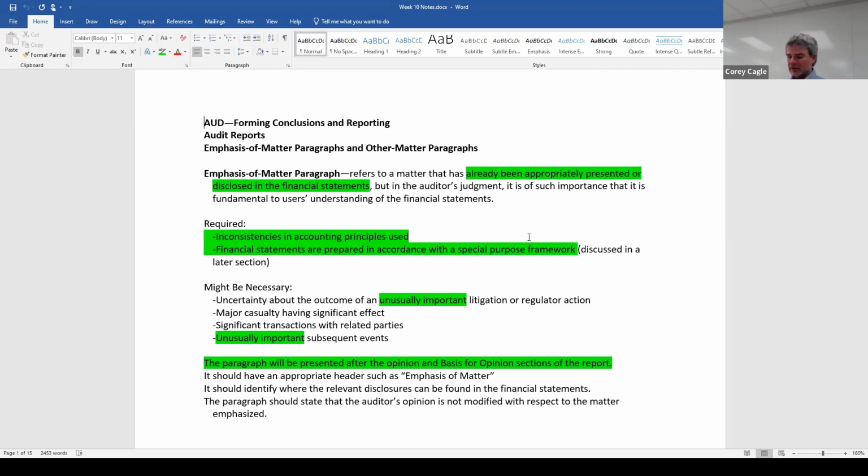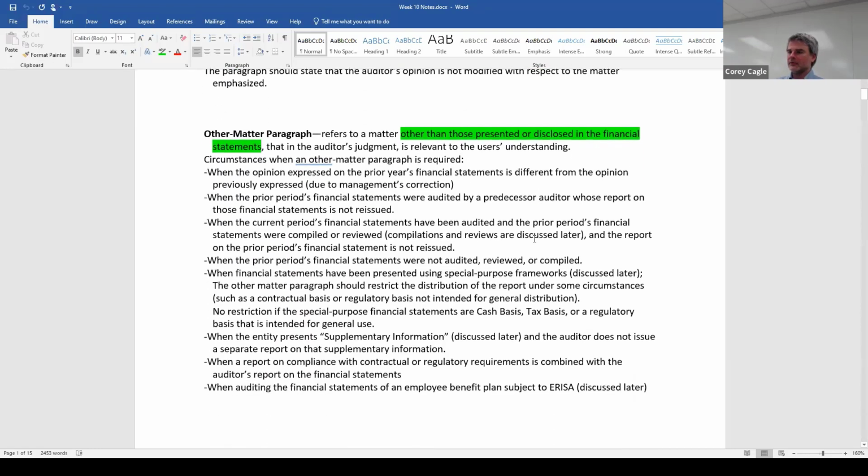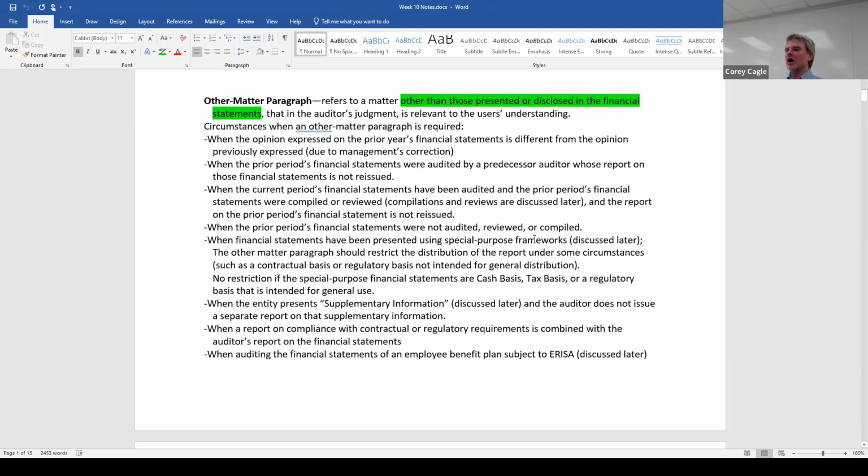Other matter is, as we said, refers to a matter other than what's in the financial statements. Things that were relevant to the user's understanding, but are really not part of the financial statement package. So there's a lot of areas where this type of paragraph is required.